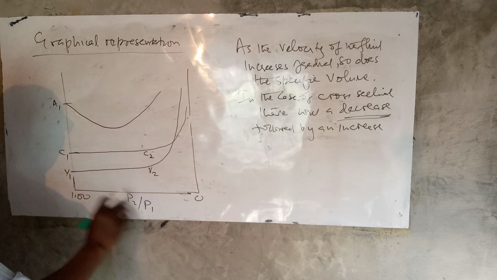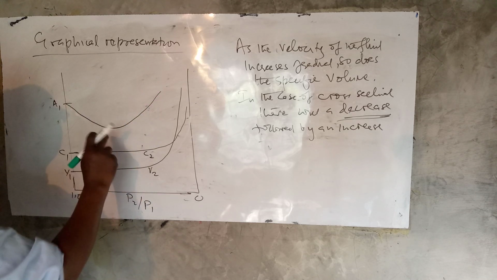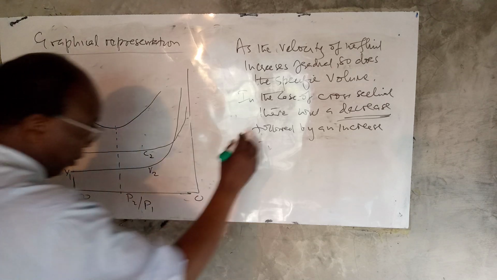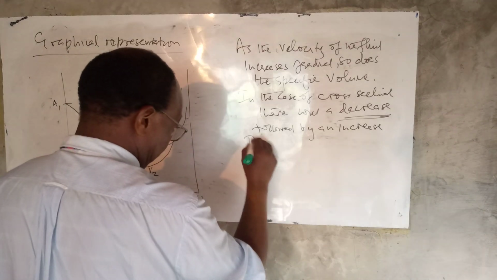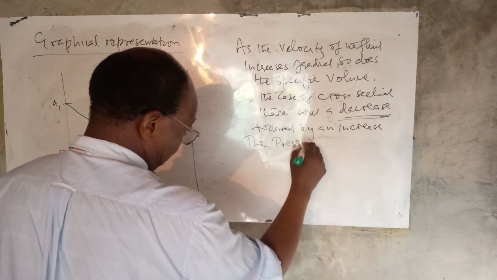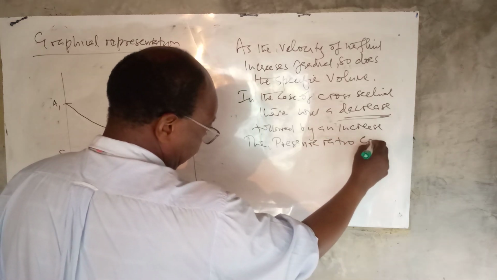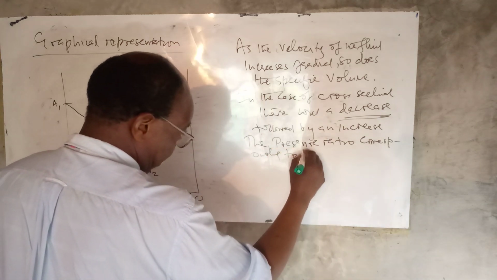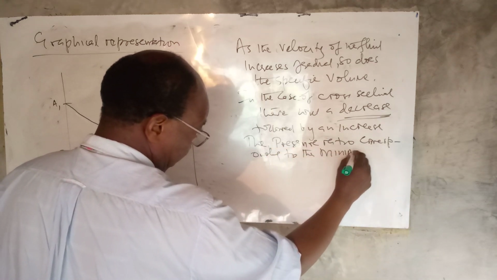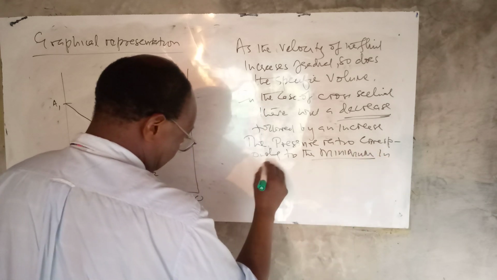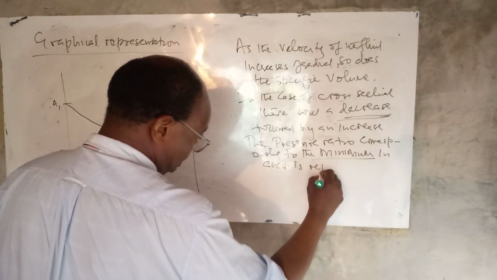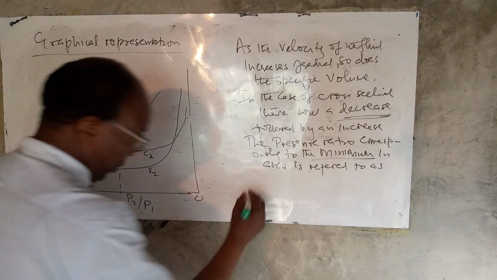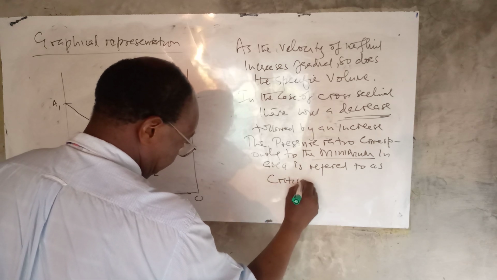And that pressure ratio corresponding to the minimum in the area is referred to as the critical pressure ratio.